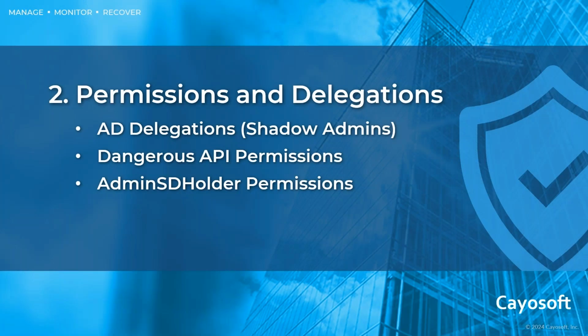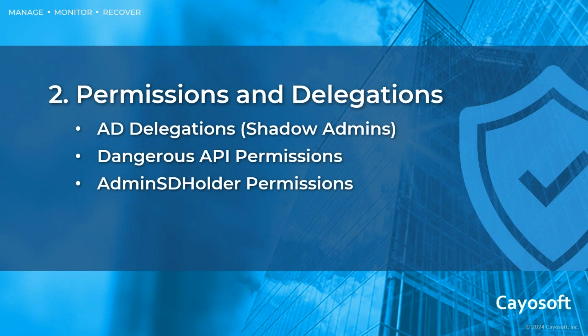Now let's look at group 2, permissions and delegations. We talked a little bit about AD delegations and shadow admin. So what are those? Again, those are the elevated objects inside of our Active Directory that have permissions that look like admin permissions, but not necessarily in those built-in groups like your domain admins, your built-in administrator, etc. Dangerous API permissions.